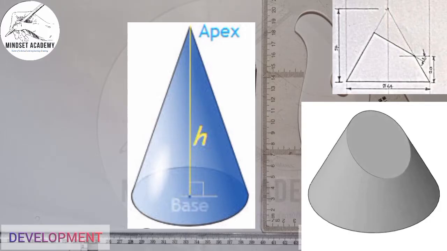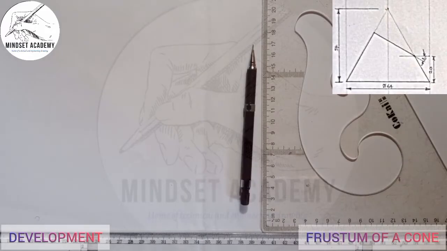And that's what we call a cone. So looking at it, in terms of your orthographic projection, it is more like a triangle. If I'm to reproduce that shape that is displayed on the top right corner of the screen, I'll be having something like this.